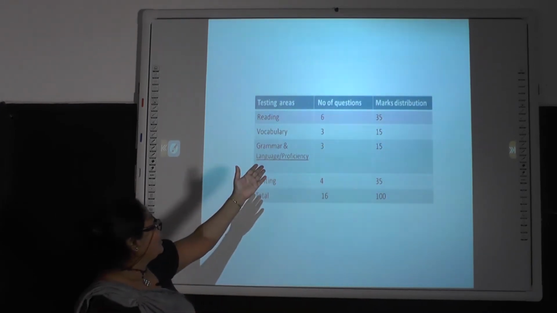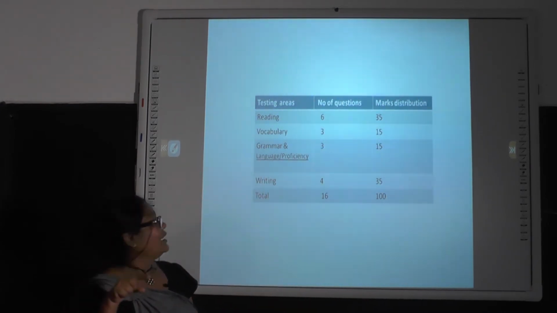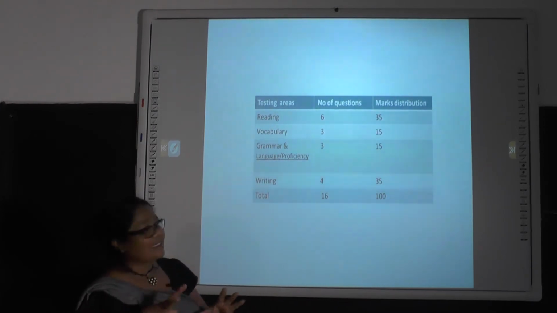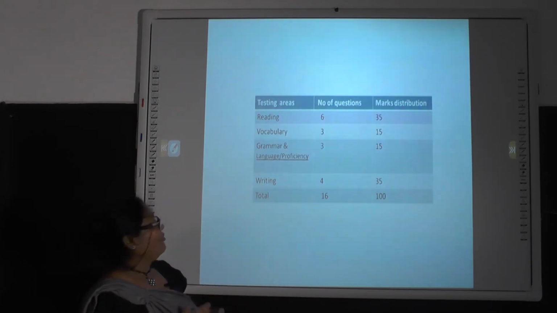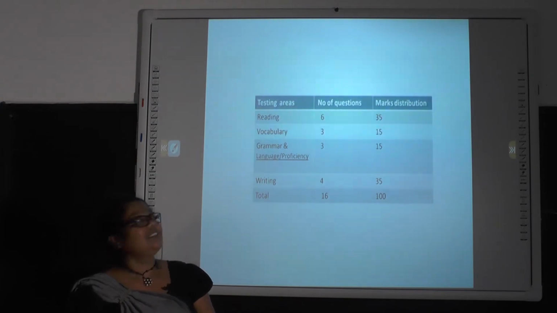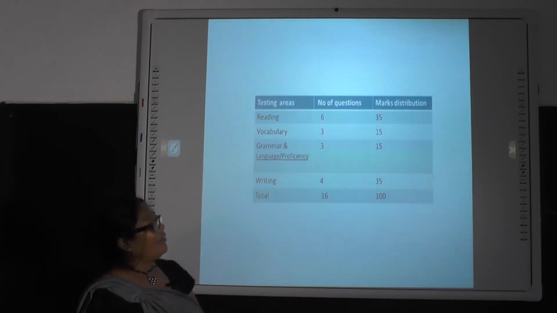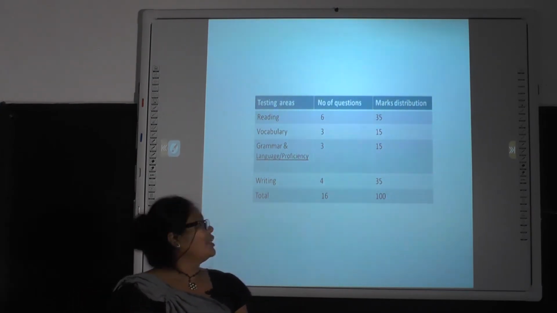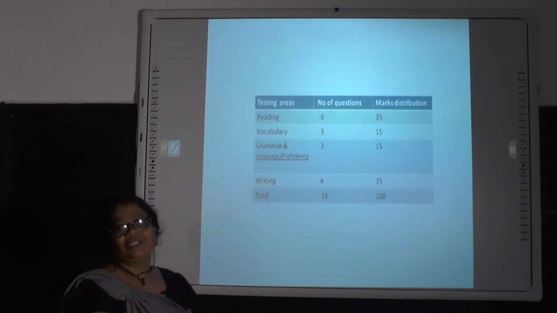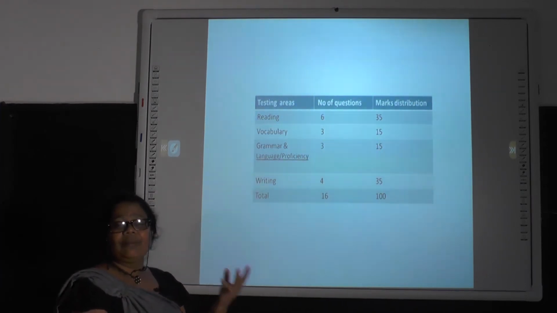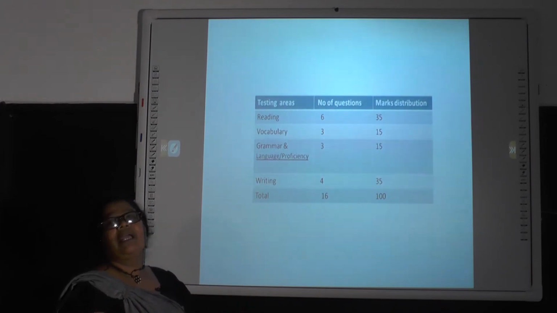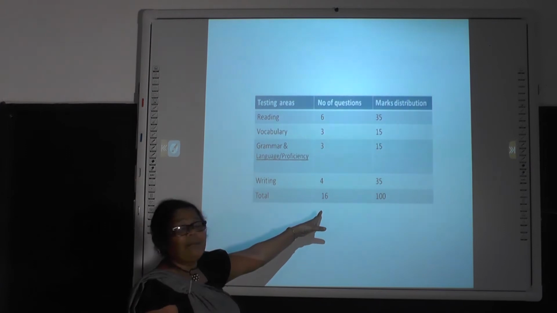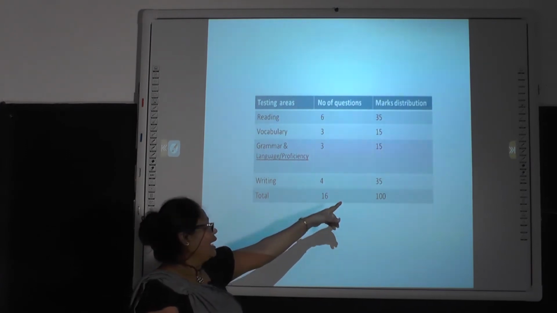There are altogether 6 questions under reading, 3 questions for vocabulary, another 3 questions for grammar and language proficiency, and 4 questions for writing. That means questions 6 and 8 in the first paper, and questions 14 and 16 in the second paper. The total number of questions is 16, and you are allocated 100 marks.